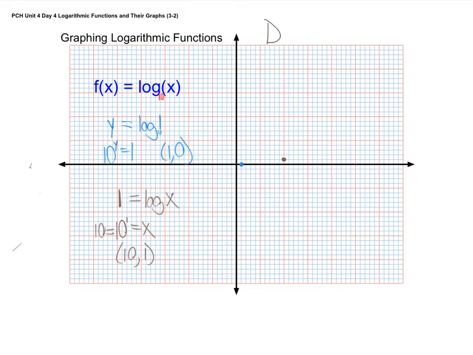Our domain here is going to be like this, or you could just say x is greater than 0, okay? Which means that x equals 0 is a what? Asymptote. It's an asymptote, okay? That's our vertical asymptote.